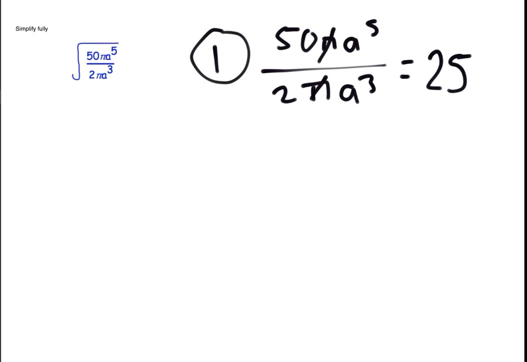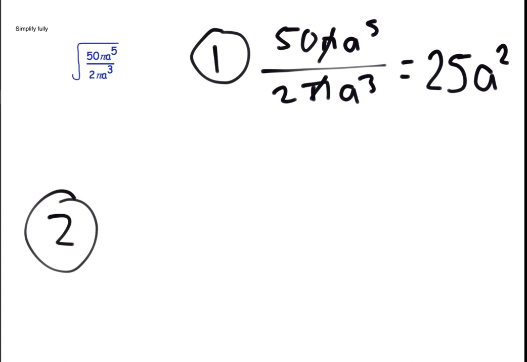And now when we move on to a, we can see we've got a power. A is to the power of something. So as soon as we see the power, we know we're dealing with indices. And we know, according to our rule, that whenever we divide, we subtract our indices. So simply, we're just going to do 5 subtract 3, which is 2. So when we divide this fraction, we get 25a squared. Now, second step is to remember that we can't forget the square root.